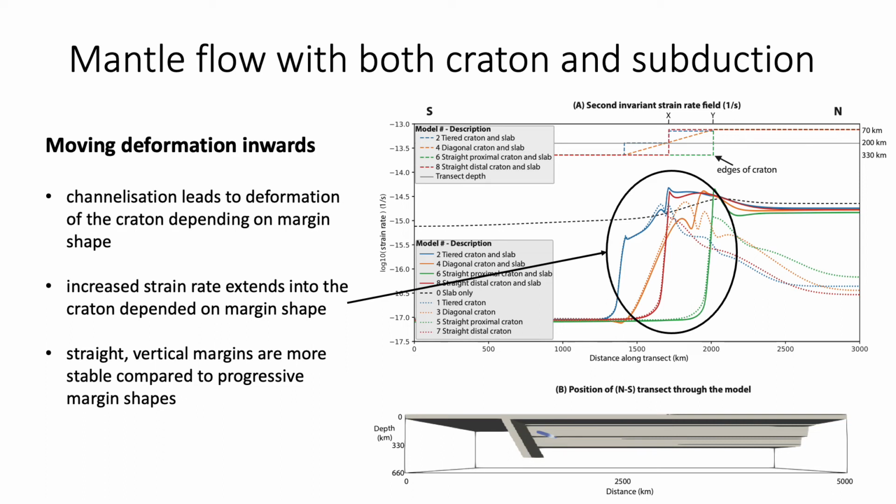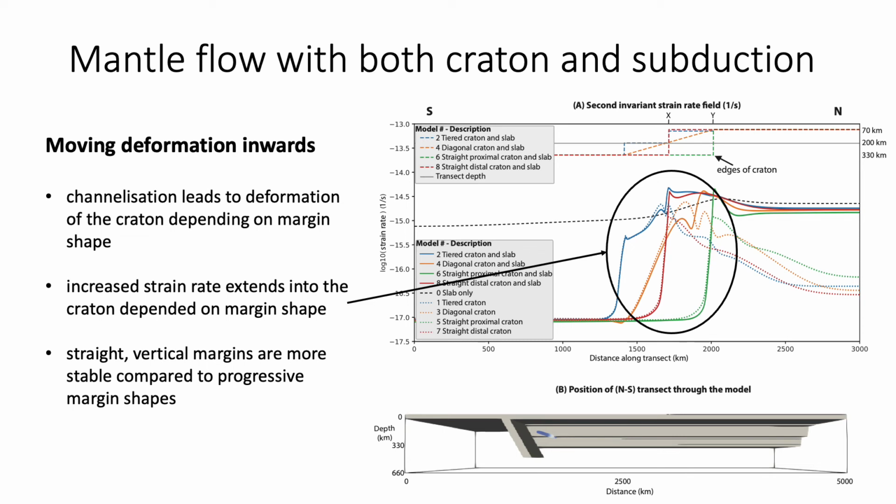If we have a look at the figures, the trends that I've highlighted here in black, we can see that for the blue, the tiered craton, strain rates remain quite high until you get to the maximum thickness of the craton, similar to orange, which is the diagonal craton. So we still have deformation occurring within the cratonic material until we reach maximum thickness.